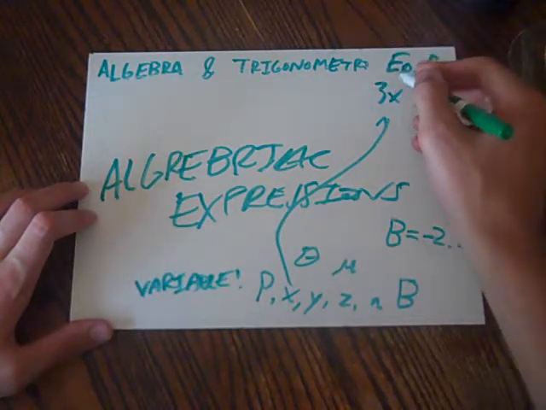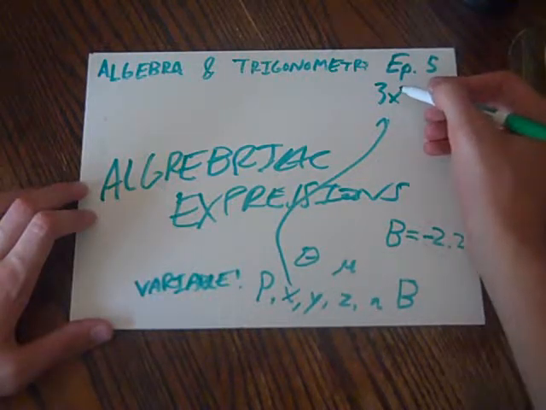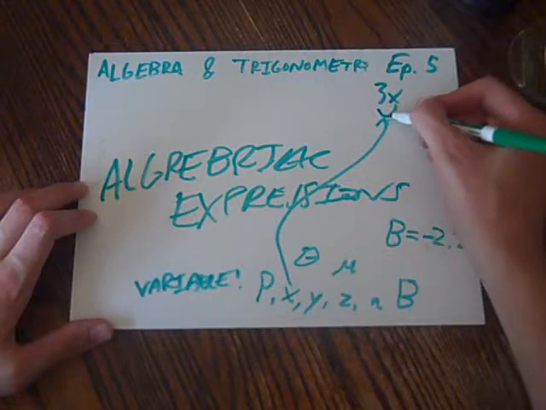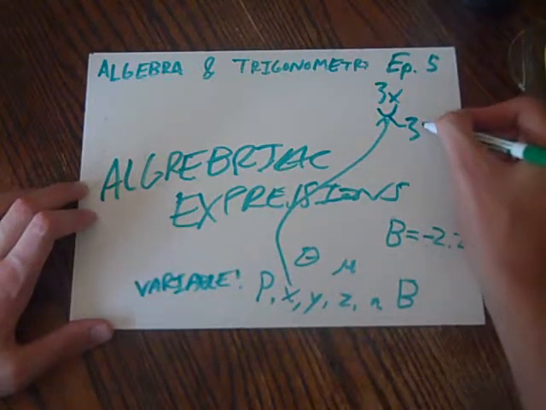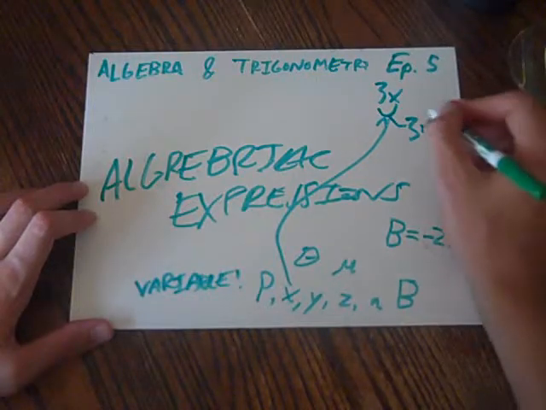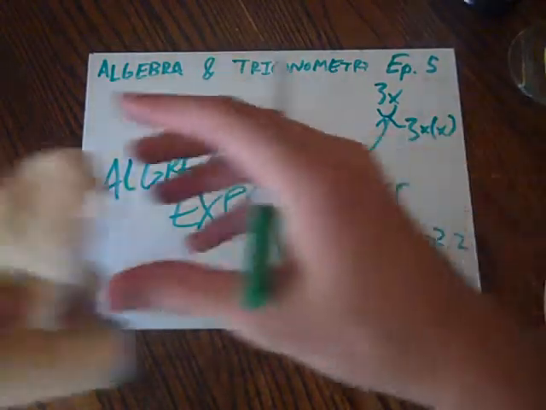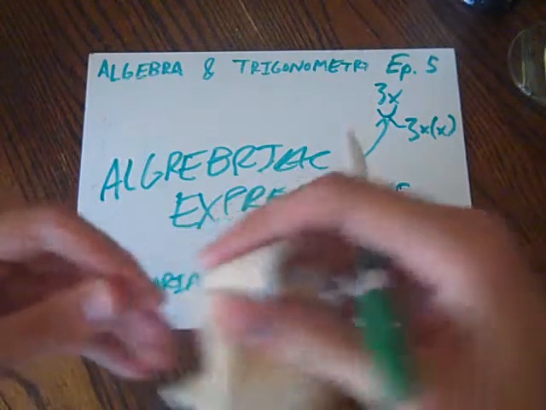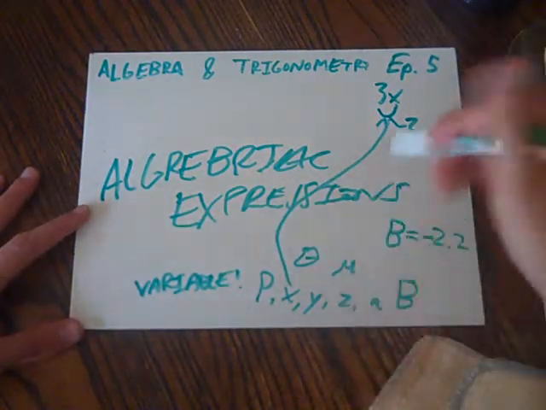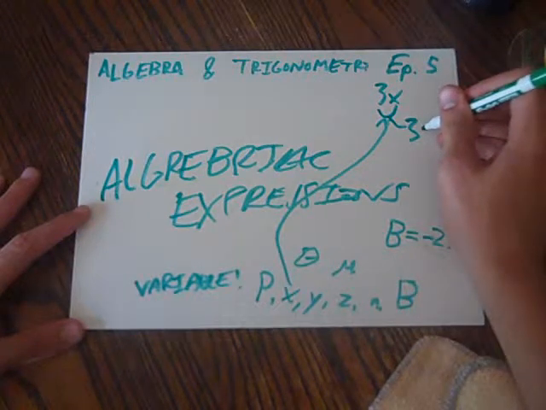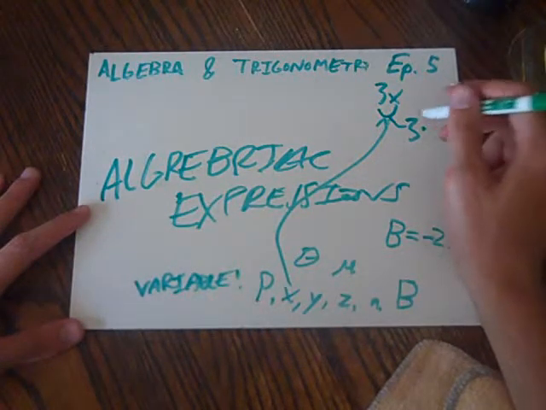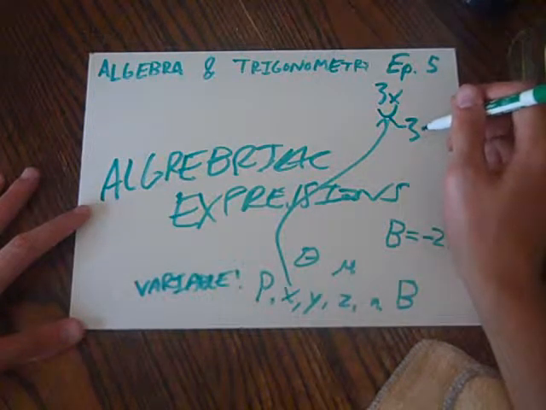Well, that means these are being multiplied. So it's 3 being multiplied by x.